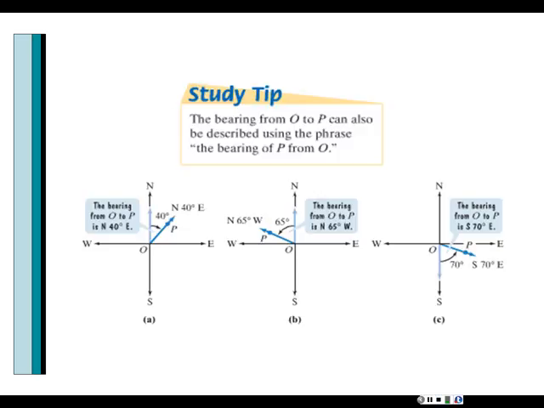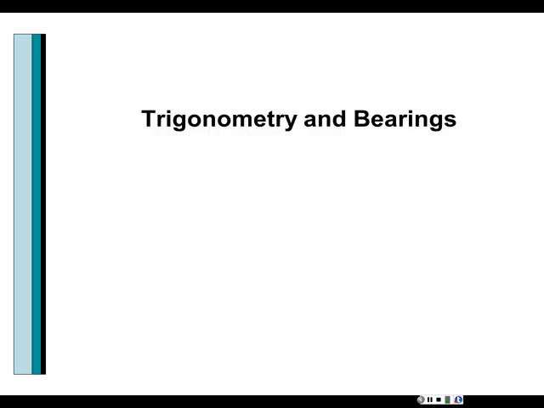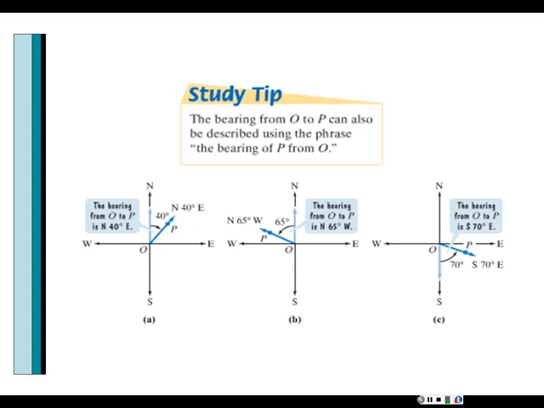Let's look at something called trigonometric bearings. Here, for example, these are all the north, east, west, south you are looking at. But sometimes when people travel, let's say you are traveling or sailing in the sea, they talk in this way.